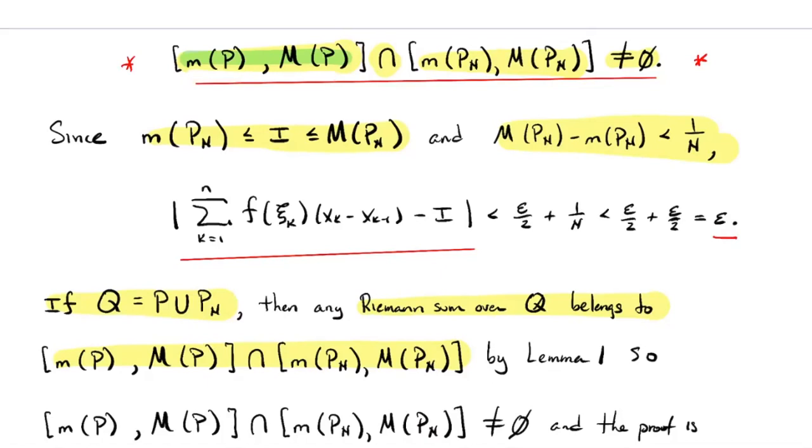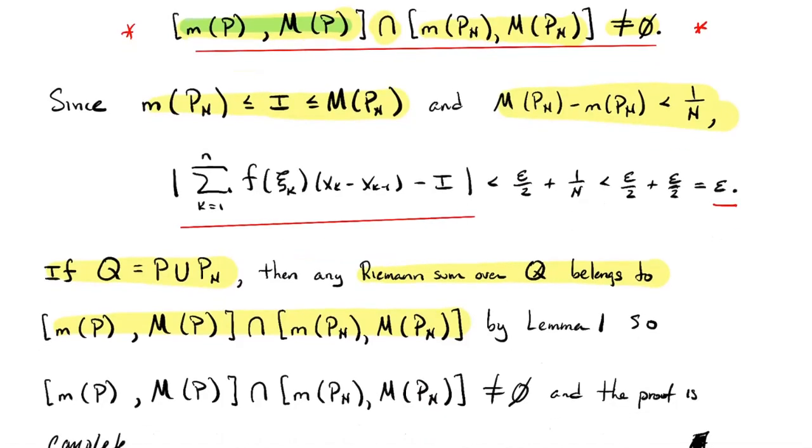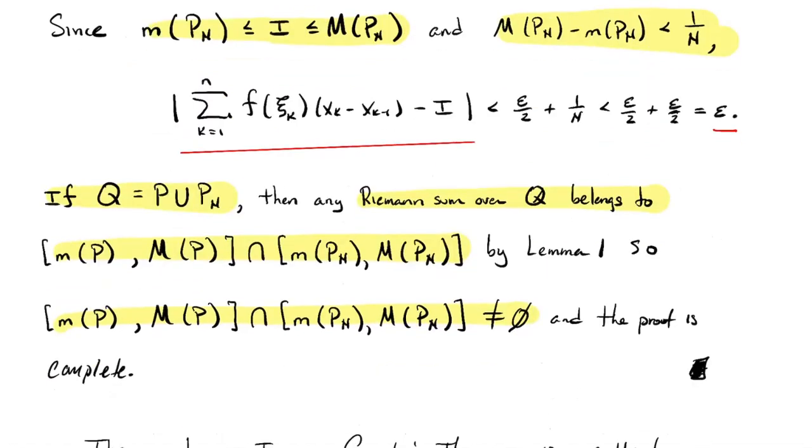So that interval, little m sub Q to capital M sub Q, is contained in this thing, and there's something in it. But Q is also a refinement of P sub n, so it's also contained in here. So anything in that interval between little m sub Q and capital M sub Q is going to be in both of these intervals. So those intervals are never disjoint. Okay, so the case that we proved above that finished the theorem actually has to hold. So these things are never disjoint, and that completes the proof.